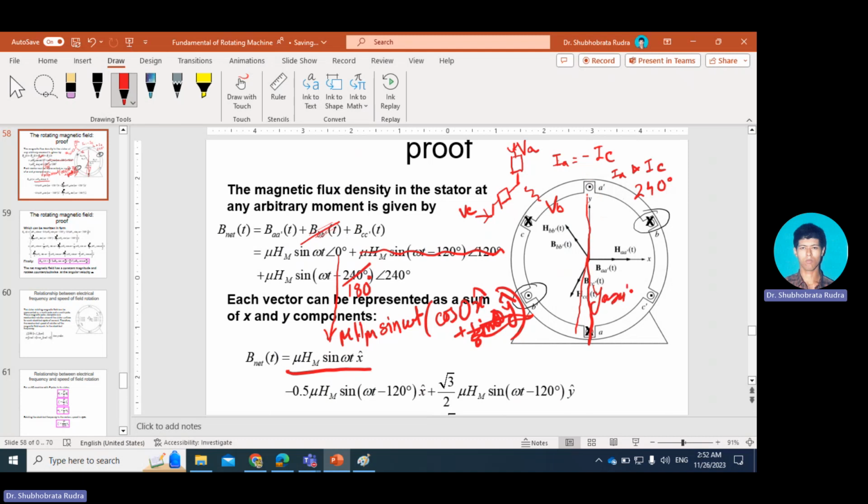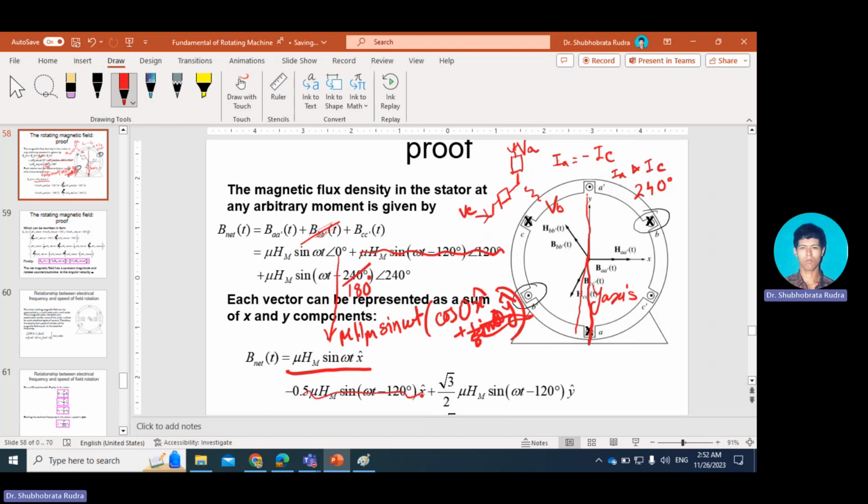And as we know that the MMF produced by a field coil should be perpendicular to that coil axis. Therefore, the entire flux will be acting along the x direction, and you have only x, no y. Coming to the next part, that is very interesting.